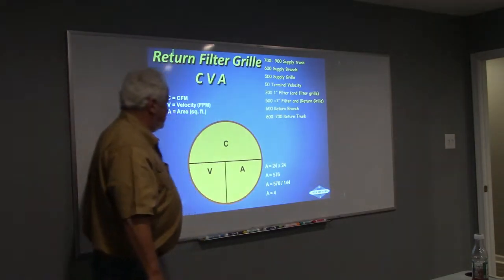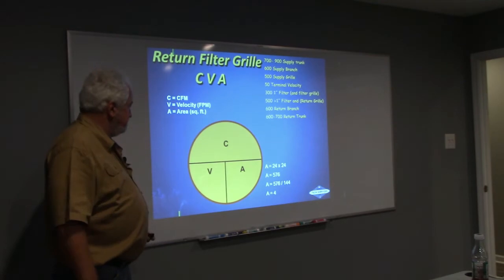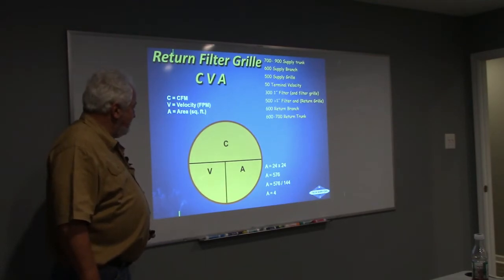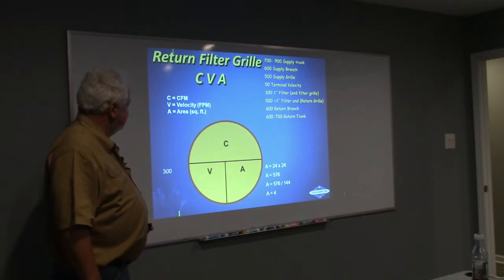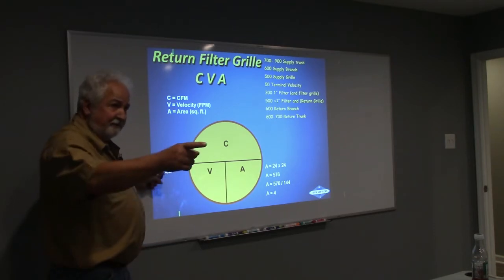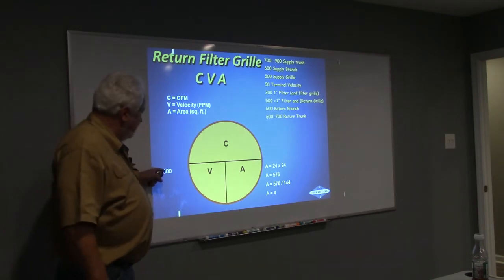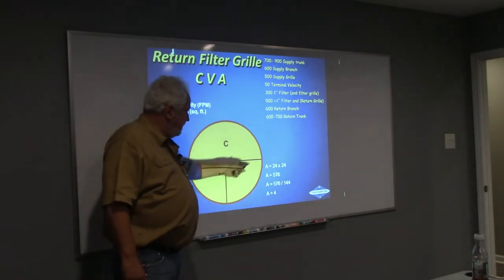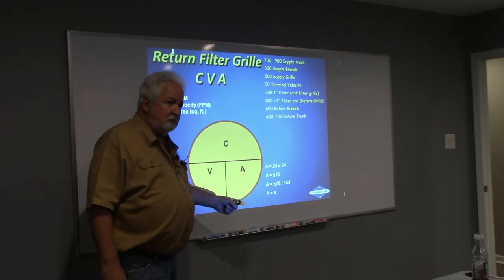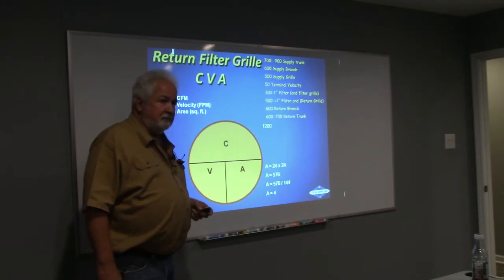Cool, all right. So I've got 4 square feet of filter. Let's say that I want to put 300 feet per minute across that filter, right? Because that's the speed that we wanted to go. 300 times my 4 will get me 1200 CFM.